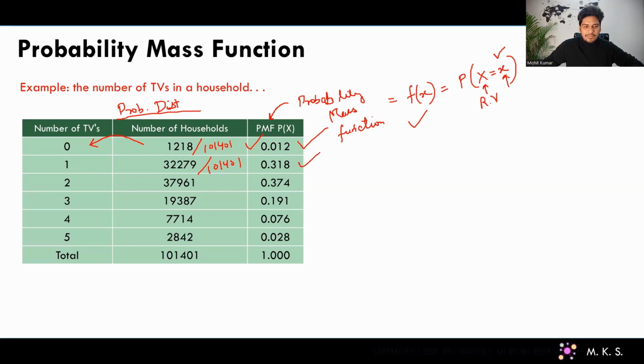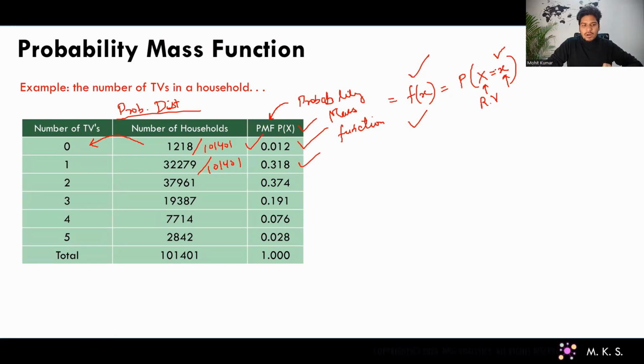Once you have probabilities for all values of the random variable, you have calculated the probability mass function. Just remember this notation, guys: small f of x is equal to probability of X equal to small x.